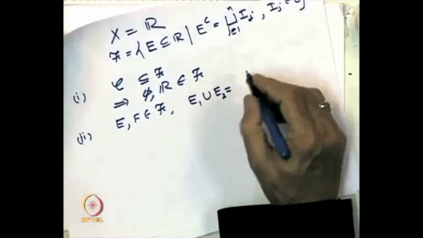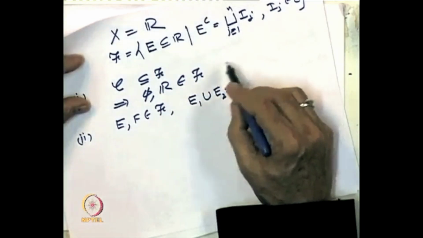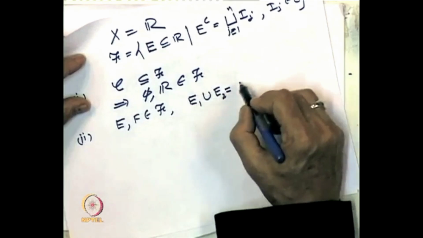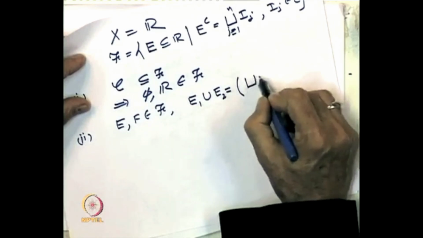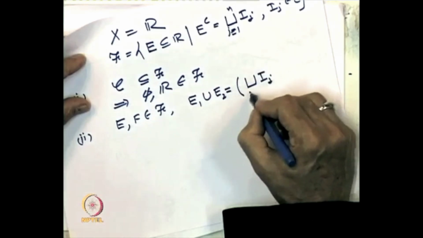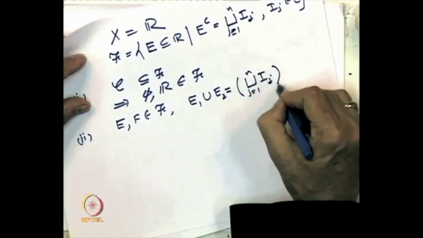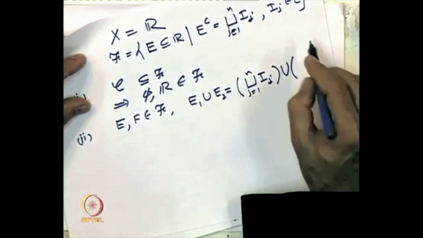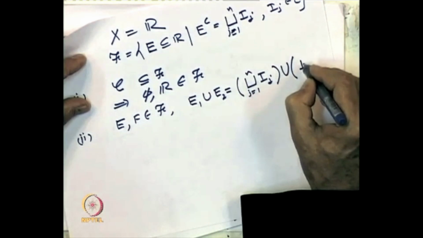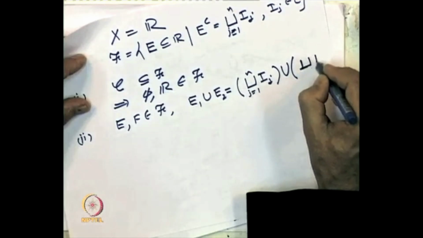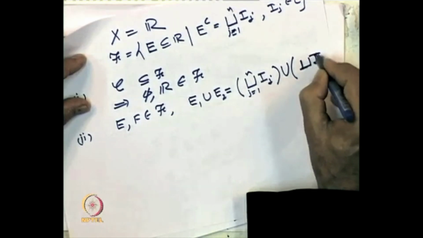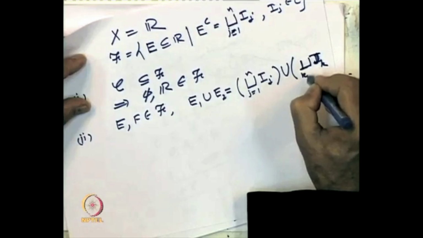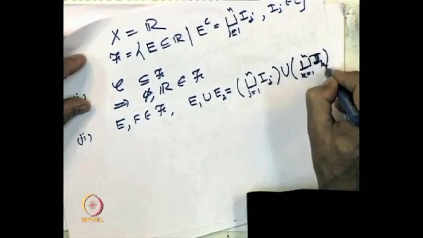I can write E1 as a disjoint union of Ij, j equal to 1 to n, and E2 as a disjoint union of some Ijk, k equal to 1 to m.